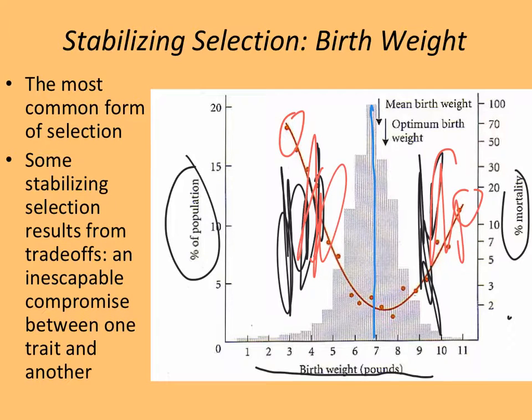So let's think about this in terms of birth weights. What's likely to happen? Why is a small baby at a disadvantage? Anybody? All kinds of different problems. They don't develop properly. If they're preemies, obviously, their lungs aren't very well developed.